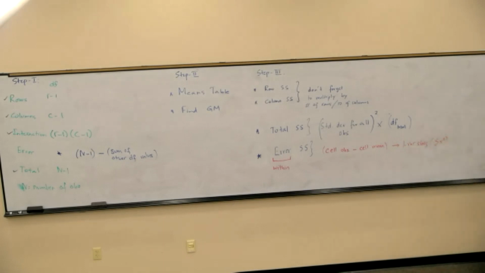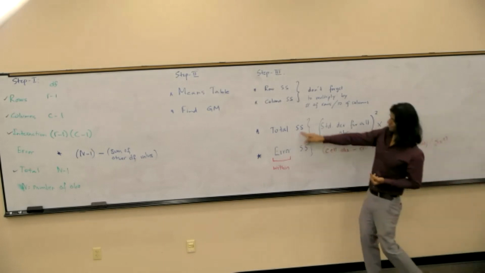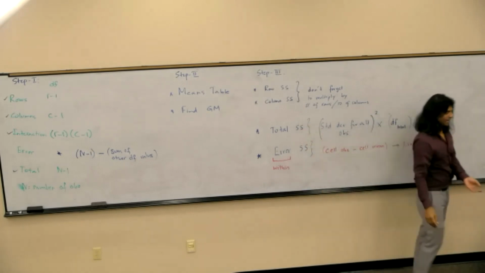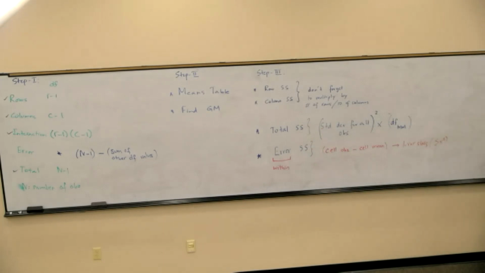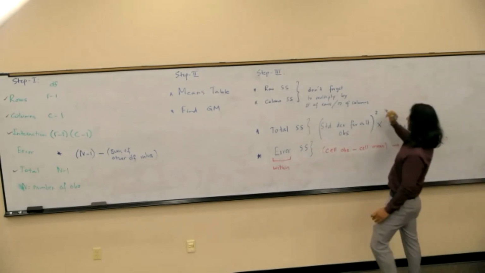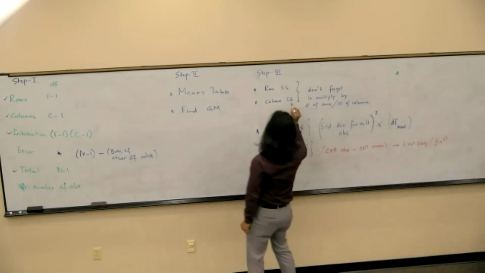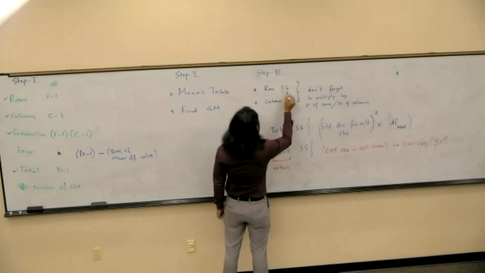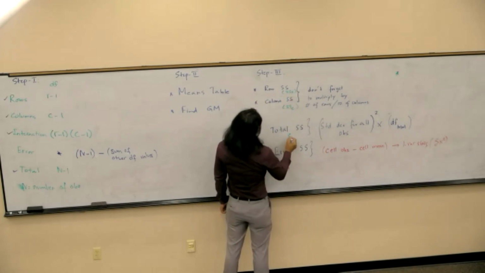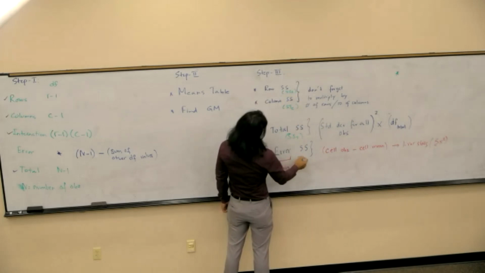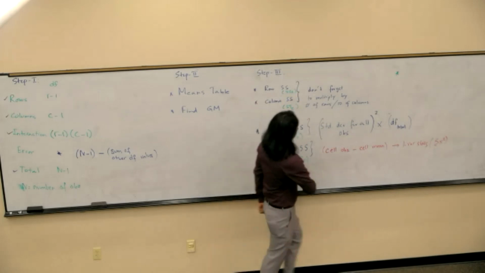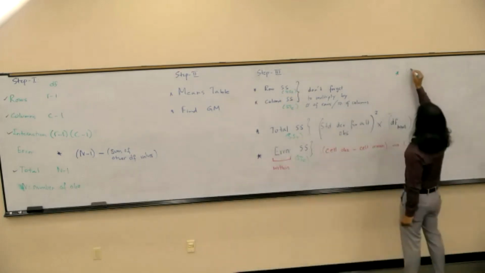If I have row SS, column SS, total SS, error SS, all I have to do is subtract those. SSR, SSC, SST, SSE, SSI.